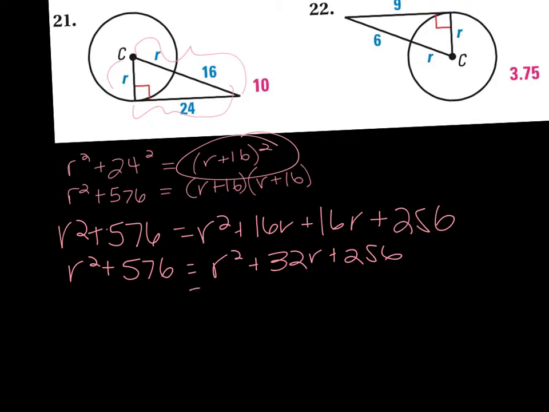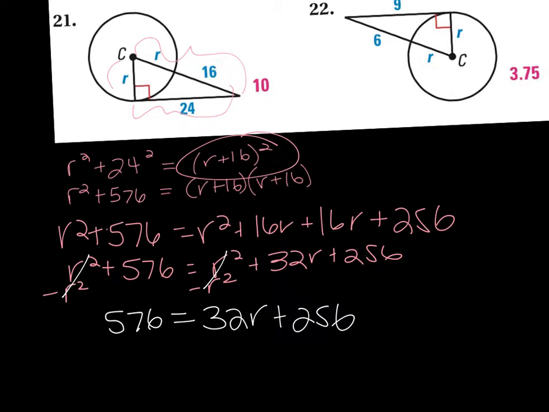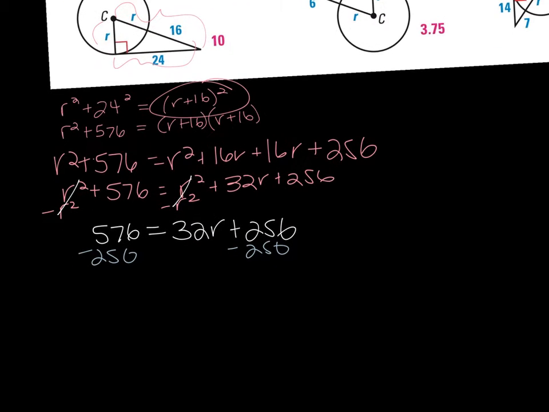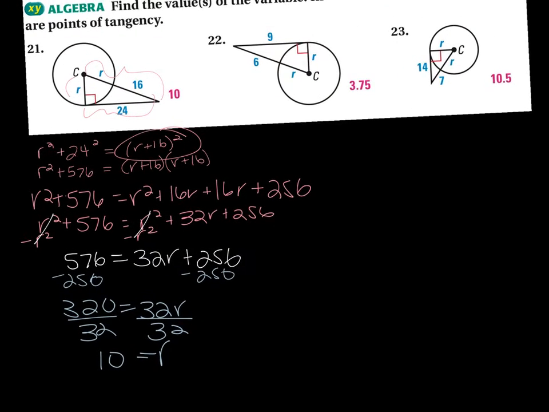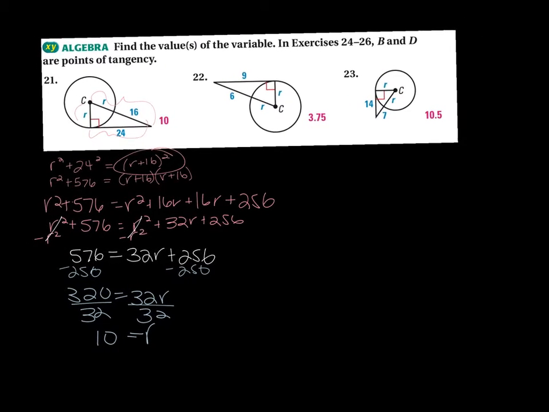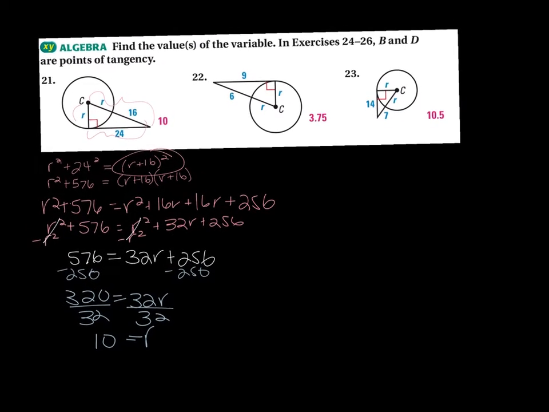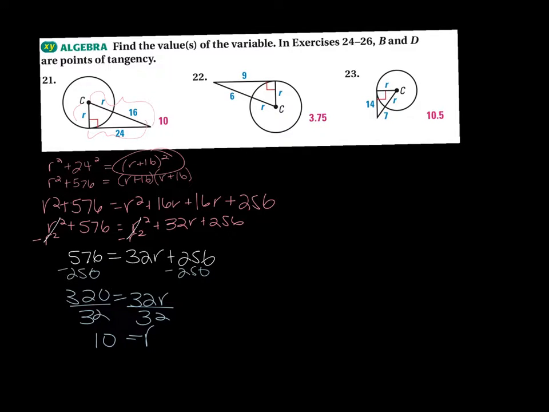So if I subtract the r squared, whether I do it from the left or the right, these are going to cancel. 576 equals 32r plus 256, and then I want to subtract the 256. 320 equals 32r, divide by 32, and r is 10. So again, utilizing some algebra skills, that expanding and FOILing, and then grouping together the r squareds.